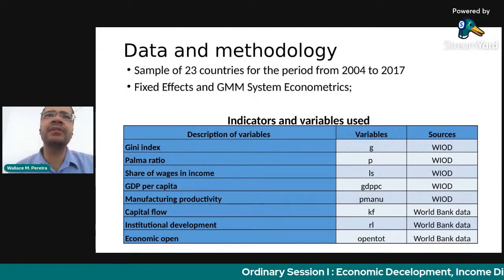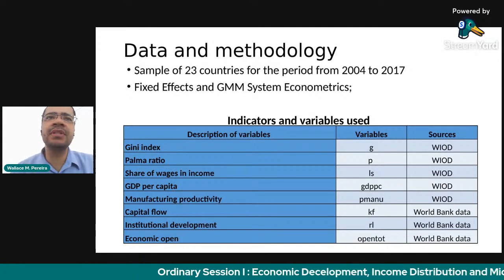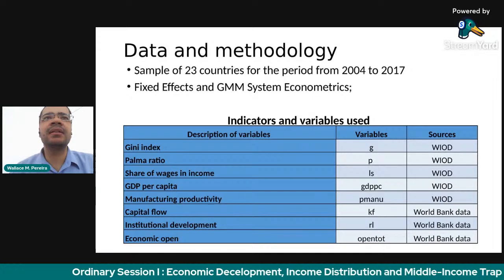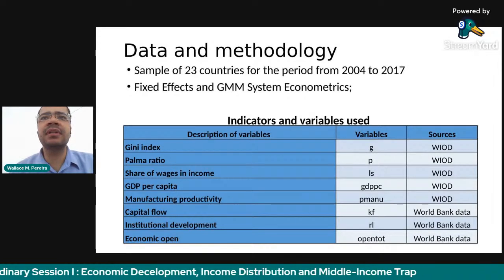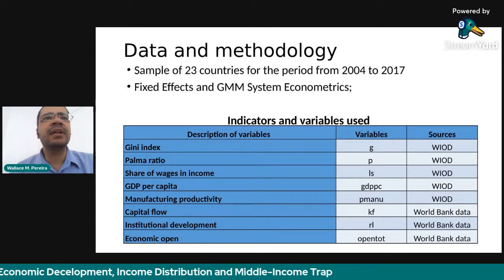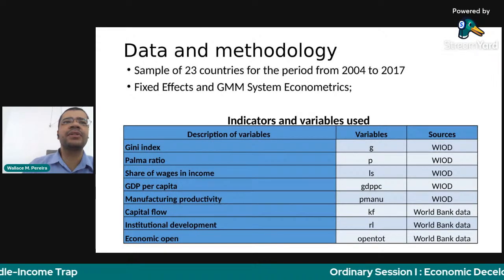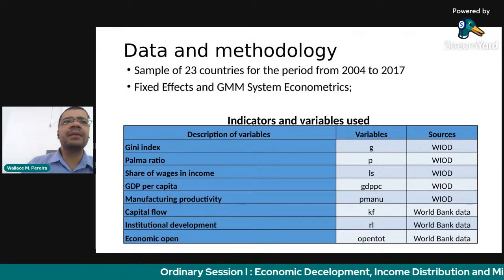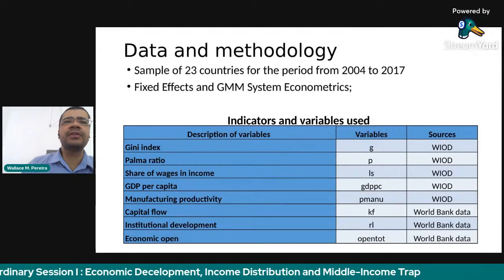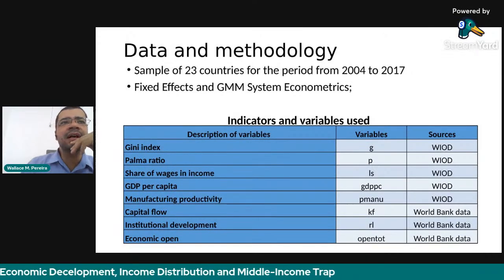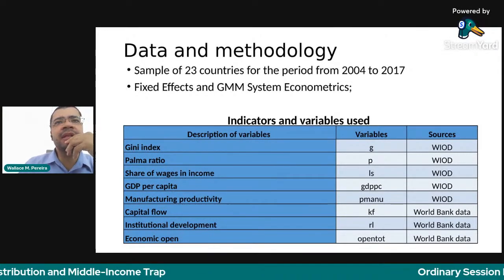The indicators and variables used are in the table on the screen: Gini index, Palma ratio, share of the wage income, GDP per capita, measuring productivity, capital flow, institutional development as a proxy for the institutions, and economic openness.